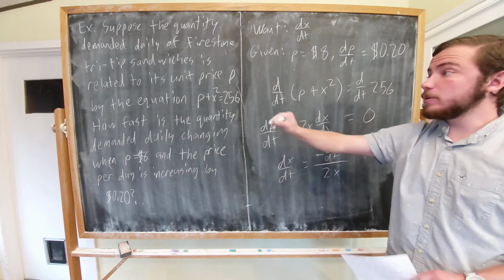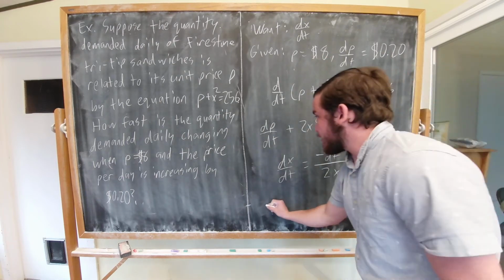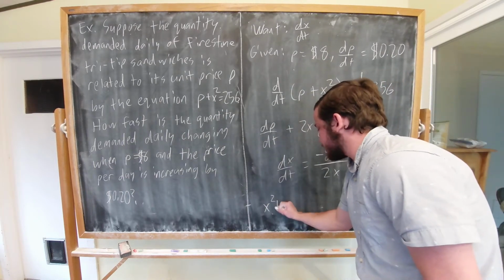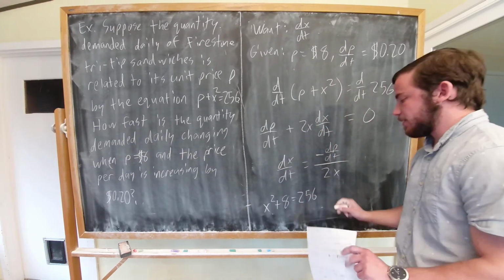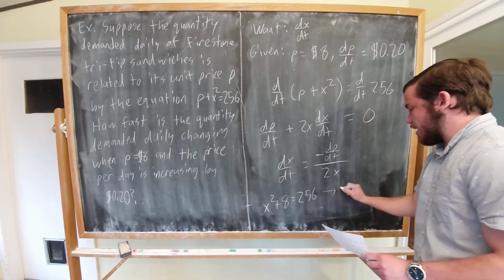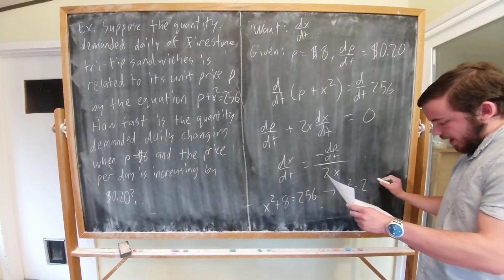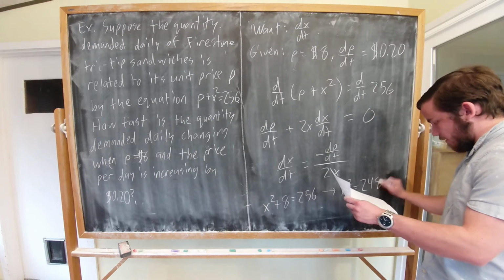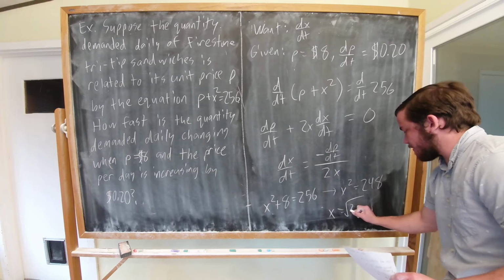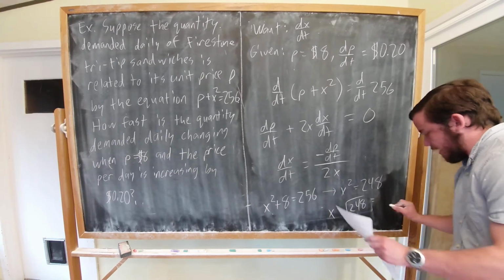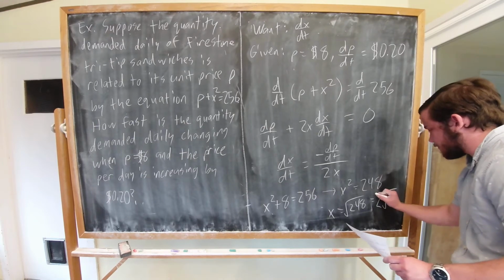We need P, and we're given P. We know that x squared plus 8 is equal to 256. x squared is equal to 248, which means that x is equal to the square root of 248, aka 2 times the square root of 62.